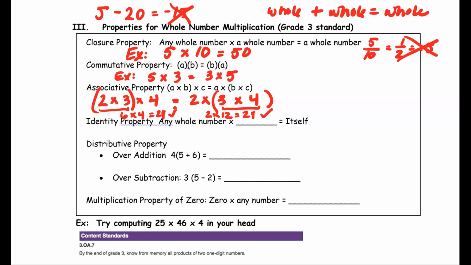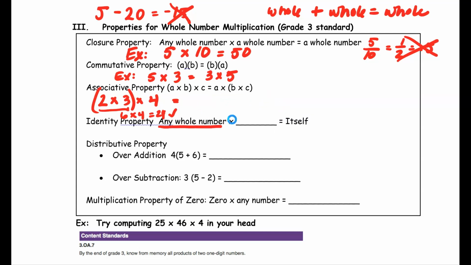Okay, so the next one, identity property. So we talked about the additive identity being 0. So for example, if you add 0 to any number, think identity is itself, the number stays the same. Okay, so that's the additive identity. Multiplicative identity is the number that you multiply anything by to keep it itself. So for multiplication, it would be 1. I'm going to erase this just so we can fill in this blank here.